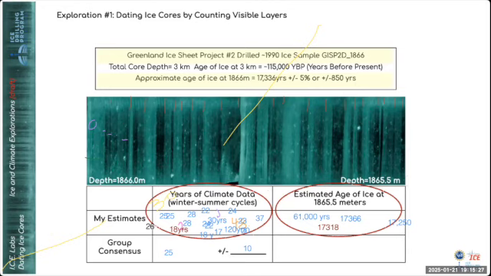So let's come up with a number over here, an estimated age. If we use this group consensus number of 25, and our age over here is 17,336, this is 1,866 meters down. This is 865.5.